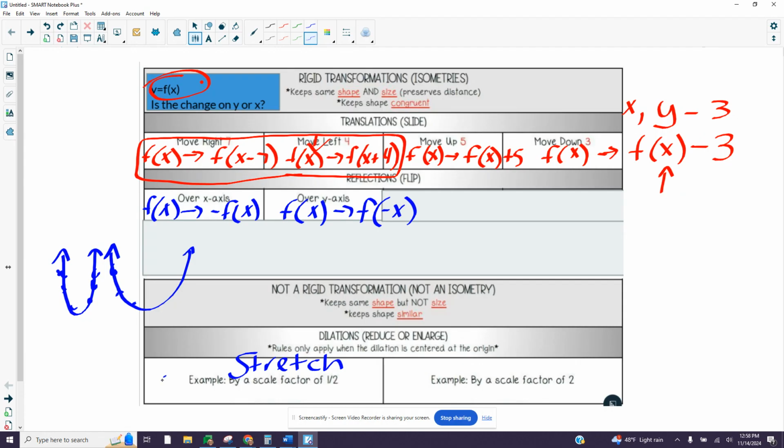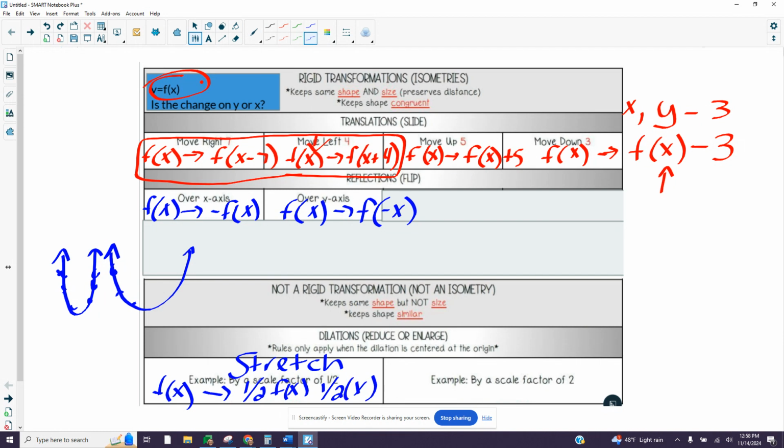So your f of x is being multiplied by 1/2. So your y values and your x values are being multiplied by 1/2. Let's look at it this way. That's like saying 1/2 of your f of x and 1/2 of your x's, right?